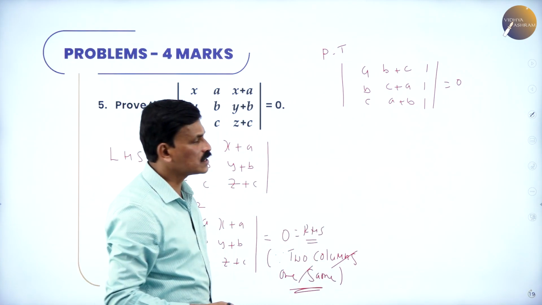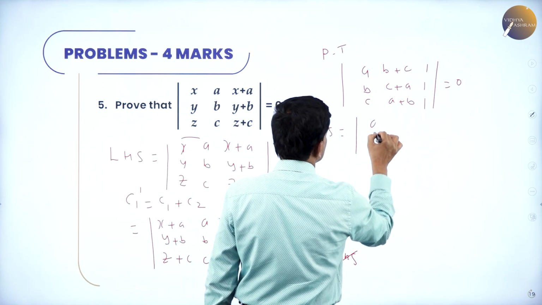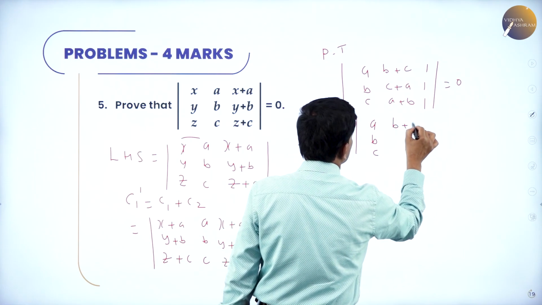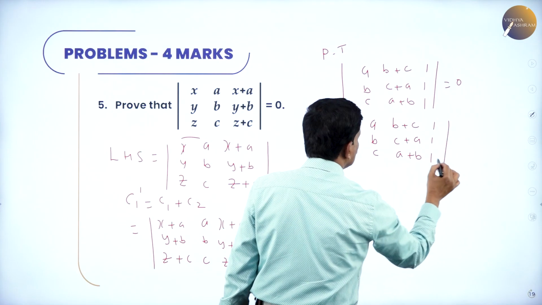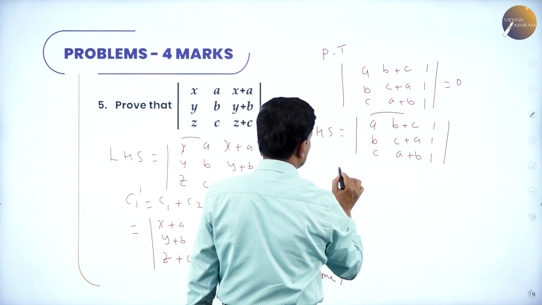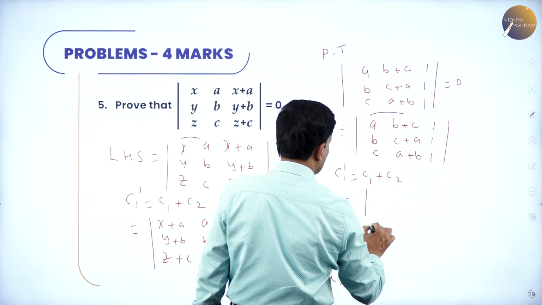So this can also be written as LHS. Write down the LHS: A, B, C; B plus C, C plus A, A plus B; 1, 1, 1. Now you can add these two same type, taking C1 dash equal to C1 plus C2. What you will get?